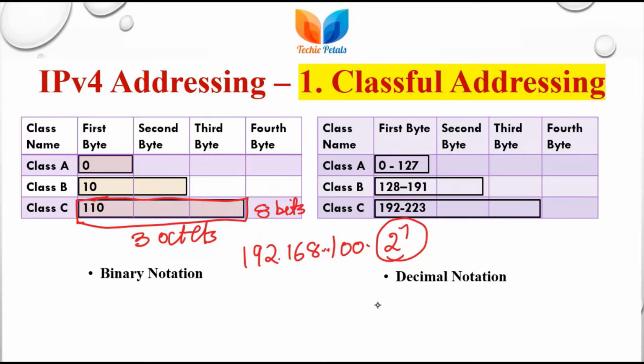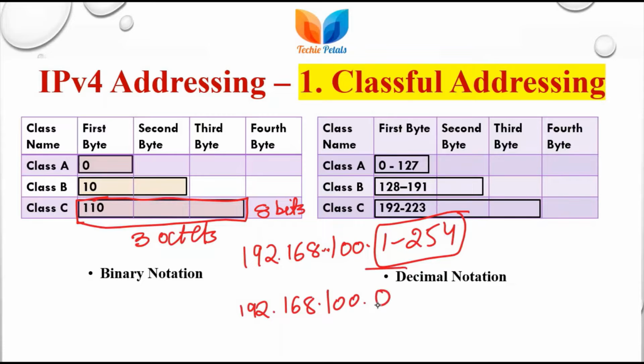Starting from 0 to 255, but here we can only use 1 to 254, because two host IDs cannot be used.